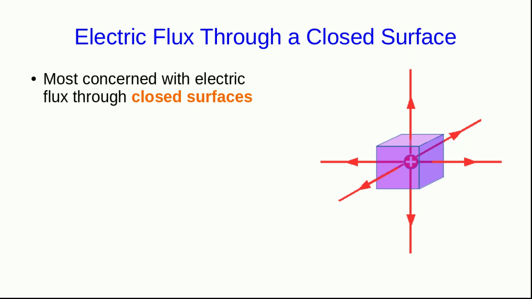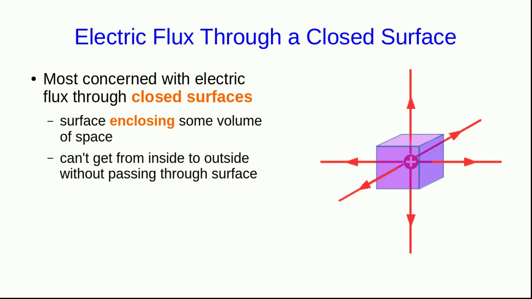That is now a closed surface. It means that it is enclosing some volume of space, and in this case, that volume of space happens to contain a positive charge. The key thing that defines it as a closed surface is that there is no way of getting from the inside of the surface to the outside without passing through the surface.